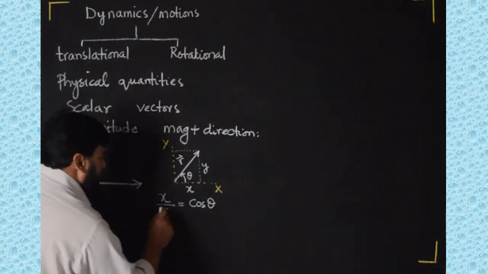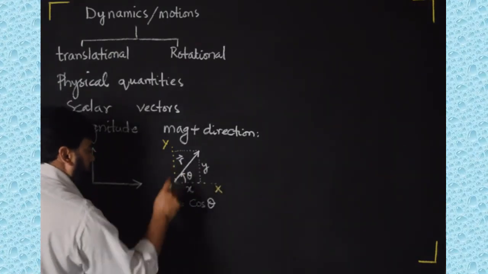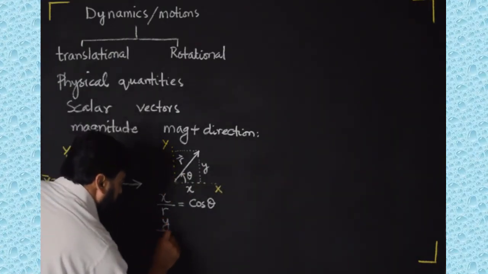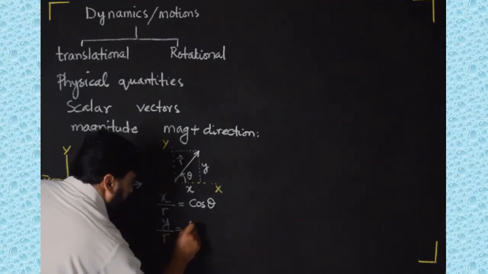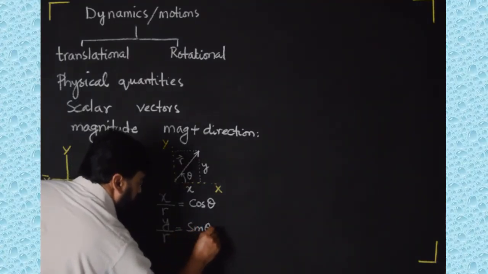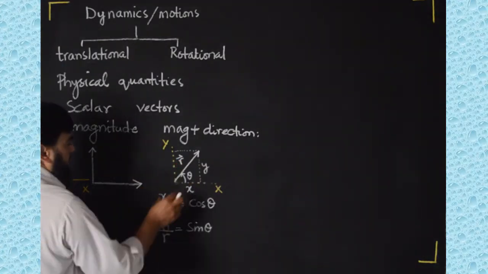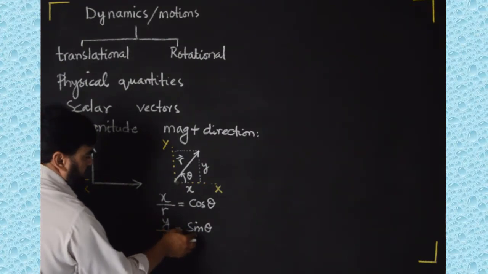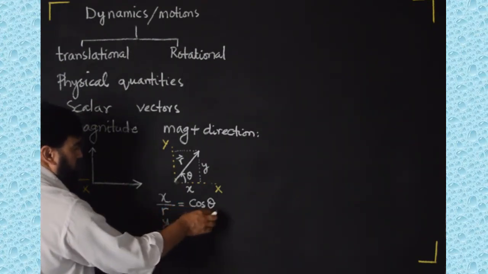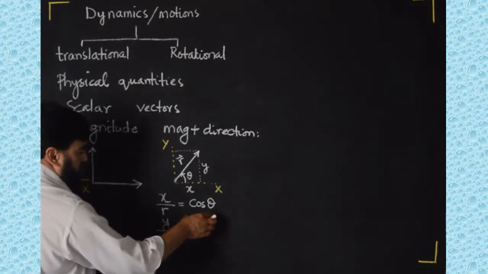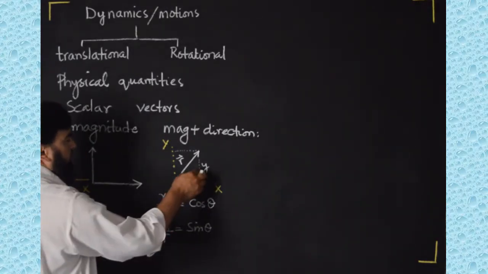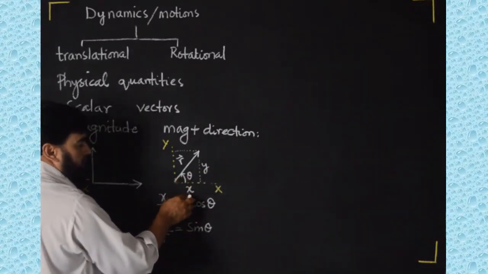Similarly, the ratio of y with r, y over r, is defined as sine of theta. So now these two quantities will actually give us the inclination of this vector. If I divide the sine by cos, then it will be called tangent theta, and it will be the ratio of the perpendicular to the base.